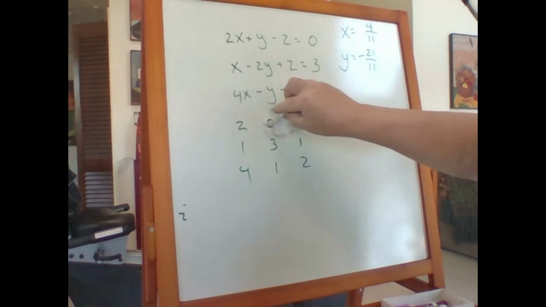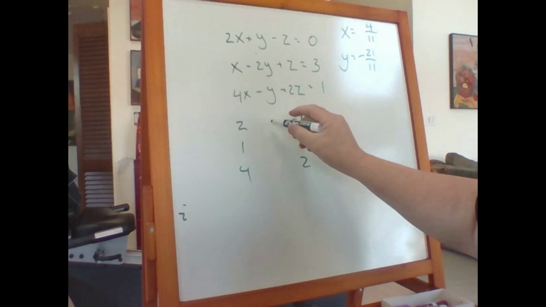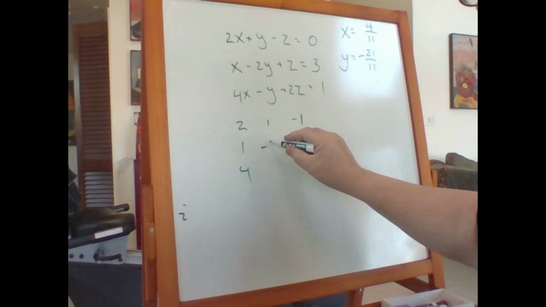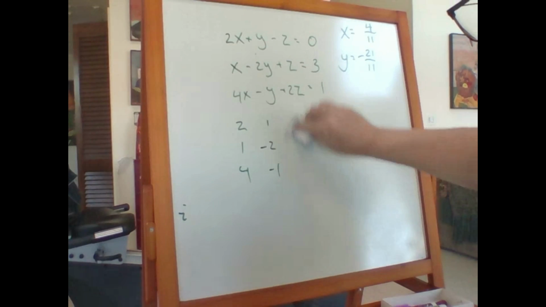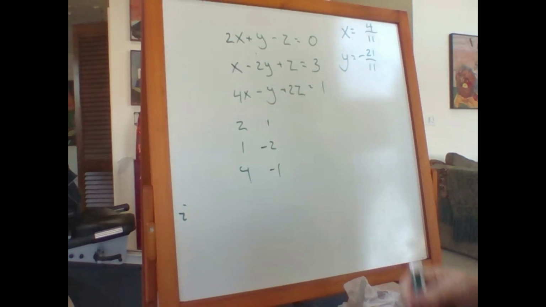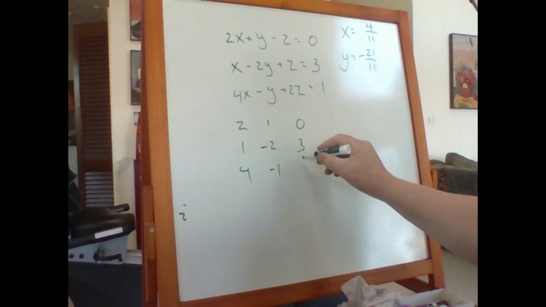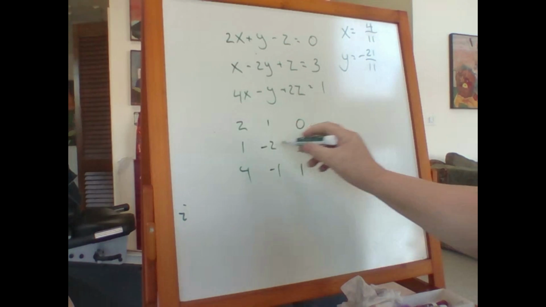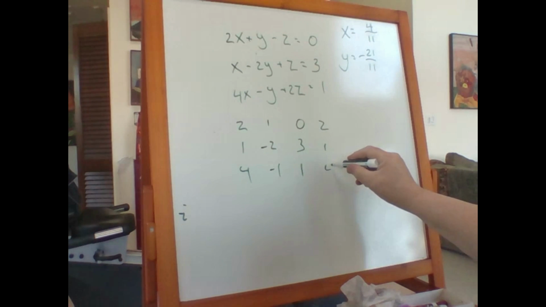All right, so again, we redraw the original matrix. We got 1, minus 2, minus 1. Now we're solving for the z, so we substitute in for the z column the 0, the 3, and the 1. And then we rewrite our first two columns.